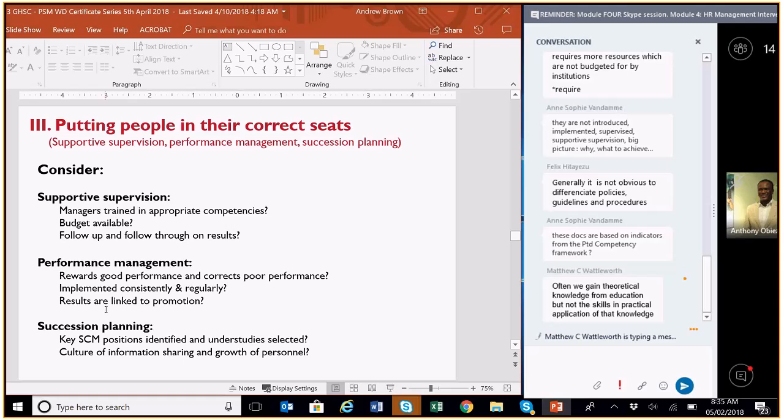Because for me, making sure I had an excellent, well motivated team improved the overall performance of my organisation more than if I was doing lots of those things myself. At least one third of my time when I was a manager was spent managing the people rather than doing technical activity. And this is something that is important to consider.